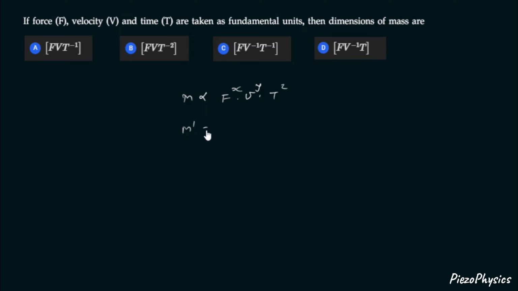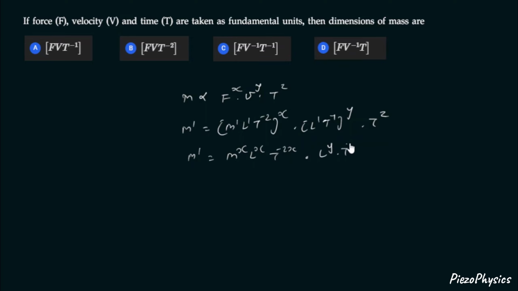So M1 should be equal to the dimension of force, which we remember as M1 L1 T minus 2, to the power x. Velocity is L1 T minus 1 to the power y, and T to the power z. So M1 can be written as M^x L^x T^(minus 2x) L^y T^(minus y) and T^z. That is M^x L^(x plus y) T^(minus 2x minus y plus z) equals M1.